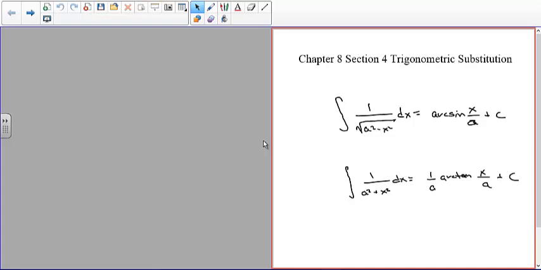So the equations that we're going to be looking at are similar to the ones that we did for the arc sine and the arc tangent and the arc secant. So these typically involve some variable x or something like x squared. I mean, it could be x to the fourth. That's x squared squared.